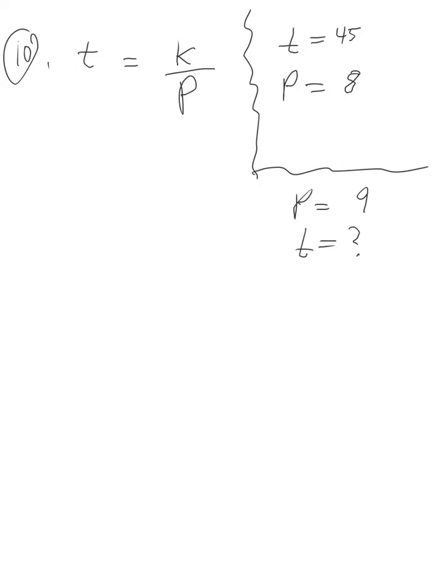The time is 45, we don't know k, and the people is 8. Then we'll get 45 equals k divided by 8. So we can cross multiply this 8 up to the left. So 45 times 8 equals k, and that would be 360 equals k.